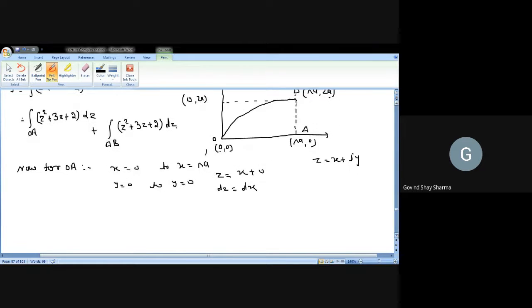Now for the AB path, x equal to pi a, meaning x is constant, so dx becomes 0. y varies from 0 to 2a. So dz becomes iota dy, since there is only a change in y.